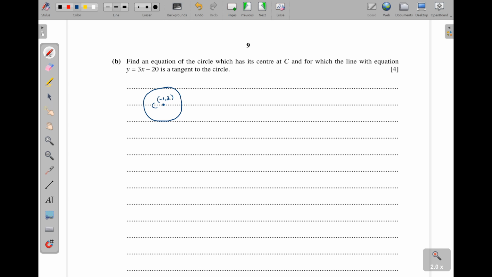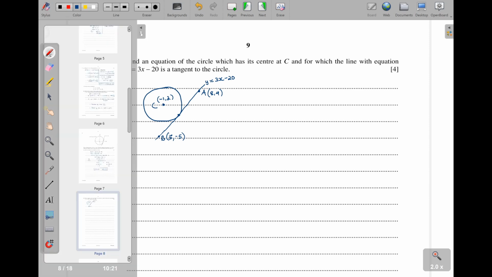Then the tangent, let's say the tangent is here, and there is a point here, A, we have seen, because the equation of this one is 3x minus 20. So A here is (8, 4), and then this one here, B, we are seeing (5, negative 5).